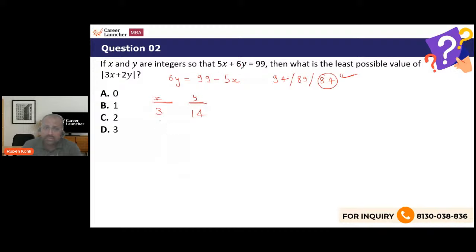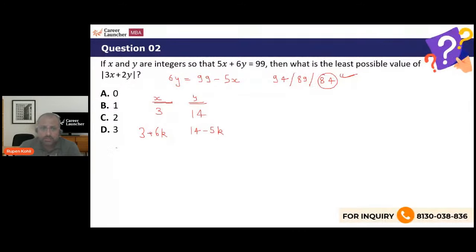So it will keep on increasing by 6: 3, plus 6, plus 6 and so on, and the values of y will keep on decreasing by the coefficient of x, which is 5. So in general the solutions are x equals 3 plus 6k and y equals 14 minus 5k.